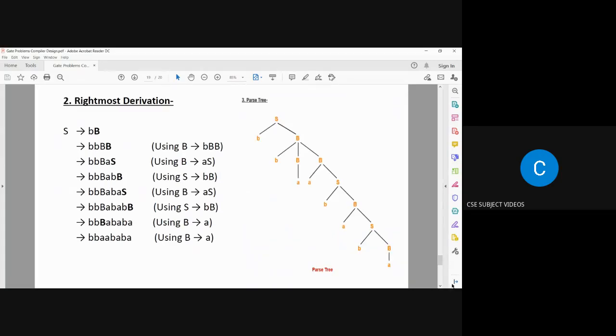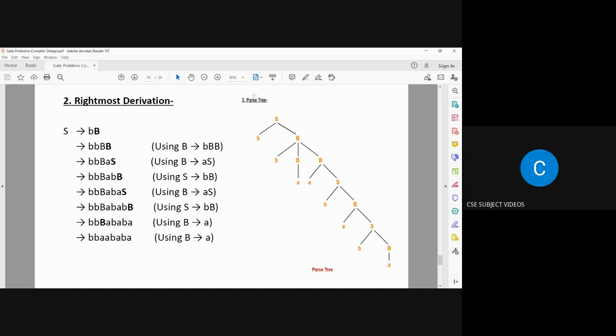So come to our input string. After deriving this tree, take all the non-terminals from top to bottom: B, B, A, B, A, B, A. So according to the given grammar, the given input string is parsed by leftmost and then rightmost derivation.